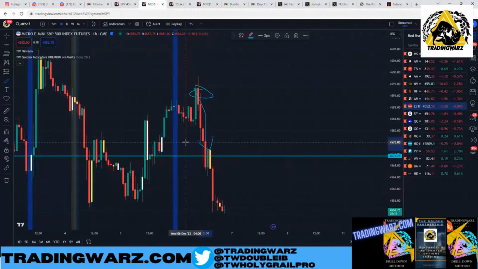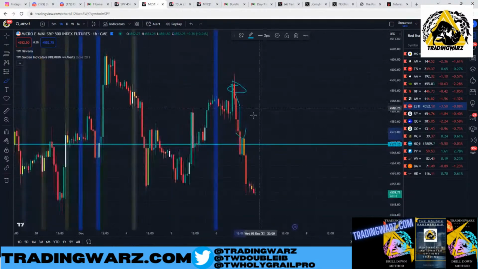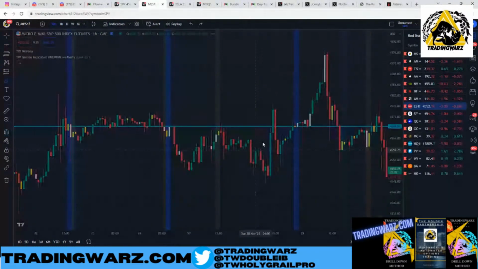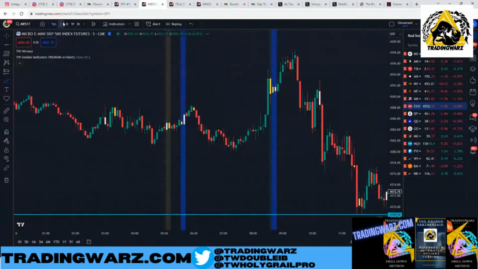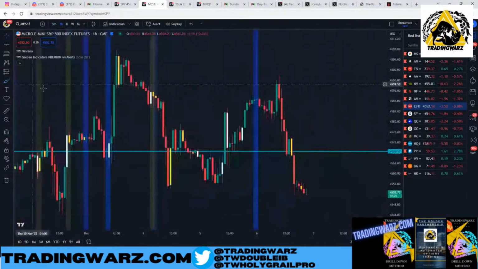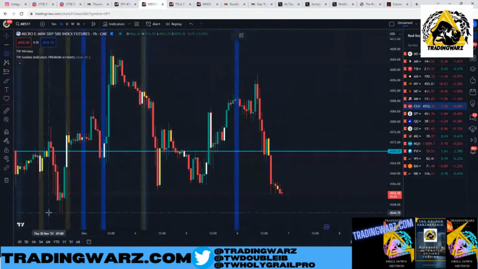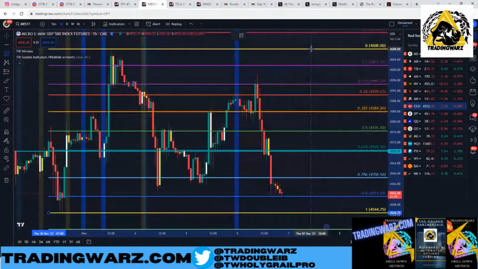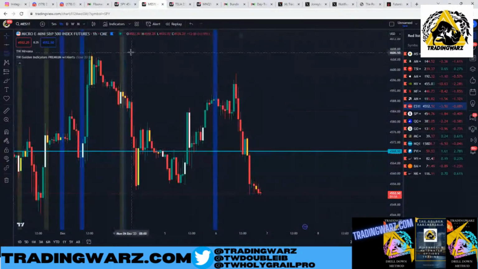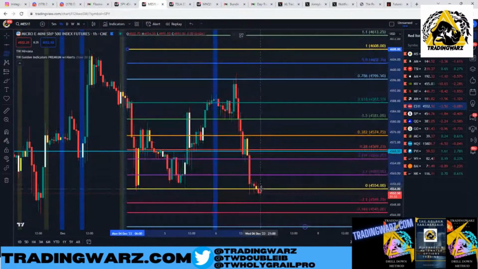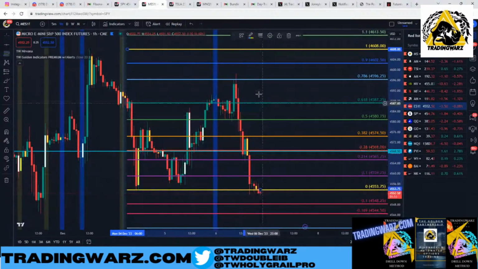It's such an amazing thing that on the hourly chart, look at this, guys. We have these Fibonacci legs. Look at this. Low to high, 618, 786. And then we flip it, high to low. This was the 786 rejection from the overnight.